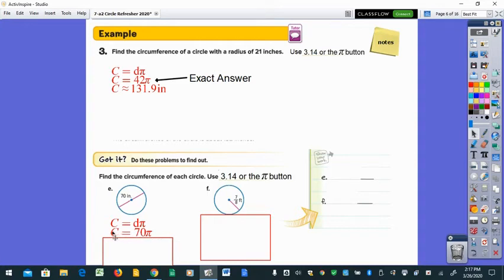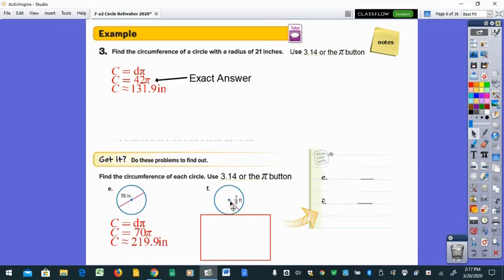That's going to be important as we move forward into volume, that you always give your exact answer, and then pick up the calculator, take 70 times the pi button, or 70 times 3.14, and you're going to see it's about 219.9 inches. Now notice that we are going to be rounding to the 10th. That means 1 decimal place. So it's about 219.9 inches.